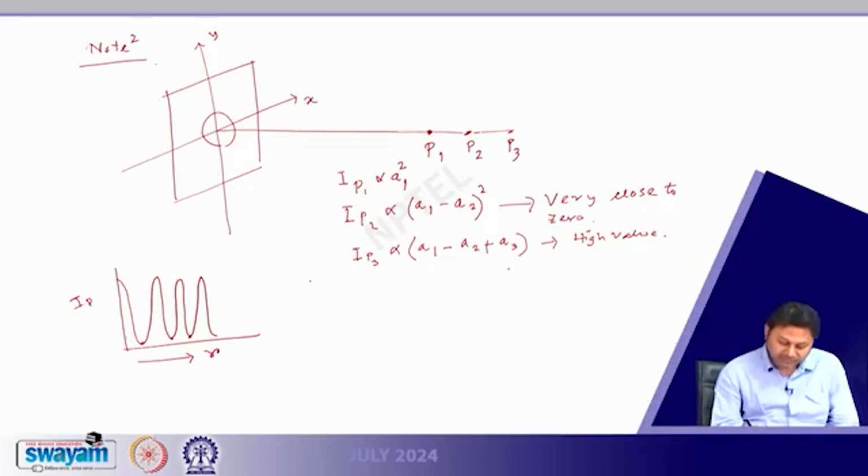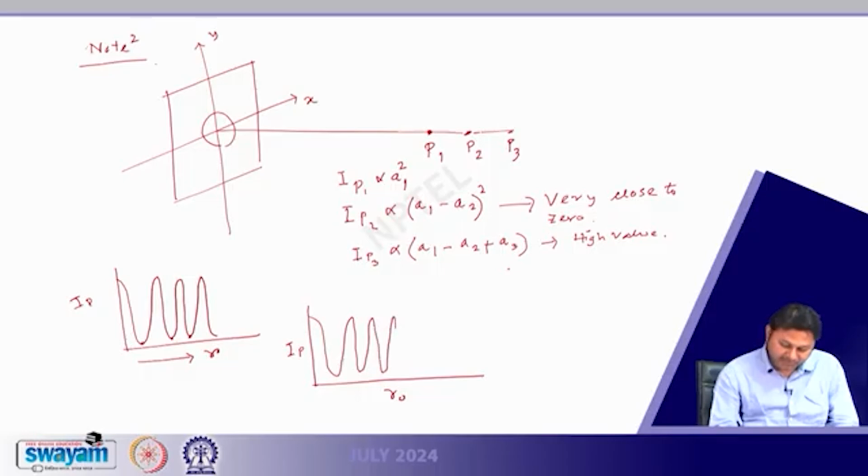In a similar way, if I plot how the intensity changes when I change R0, that is, if I change this distance, then we also get a variation something like this.